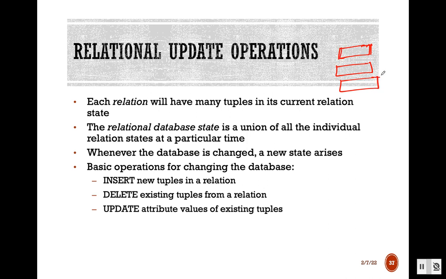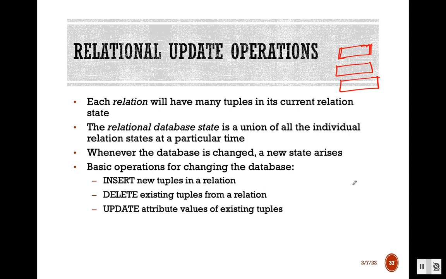The relation state means when we have real data in the relation, and the database state means the collection of all the relations with data in each relation. The relational database state is the union of each individual relation state at a particular time. Whenever the database is changed, a new state will be there.